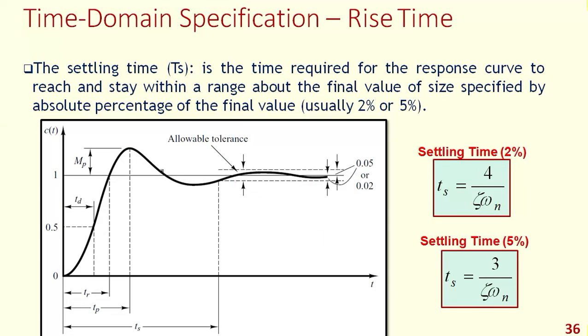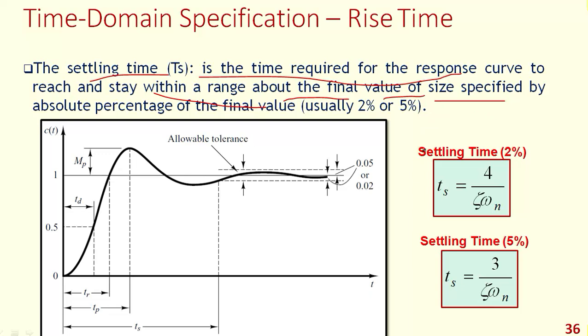Then you have to find the settling time. It is the time required for the response curve to reach and stay within a range about the final value of a specified percentage of the final value. Here you will get 2 to 5% tolerance.